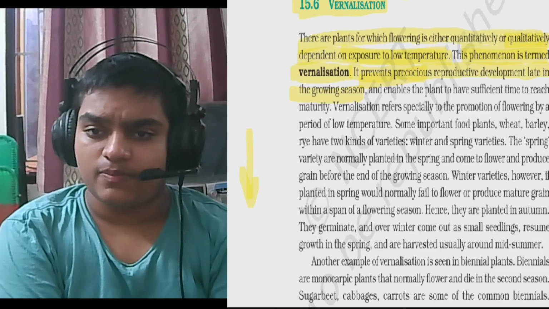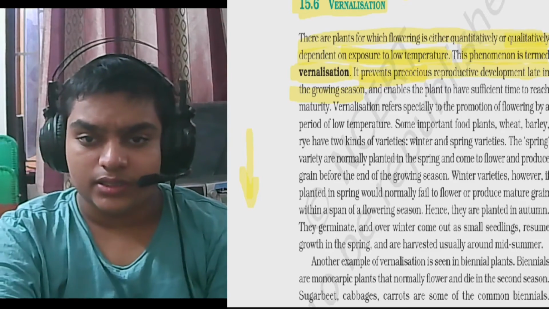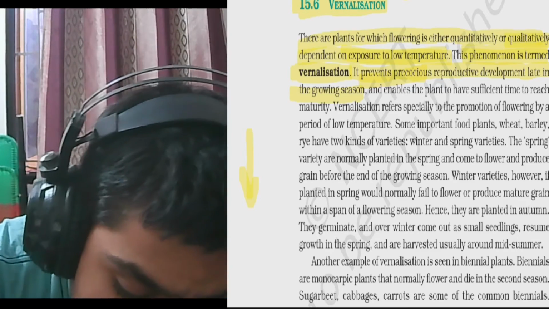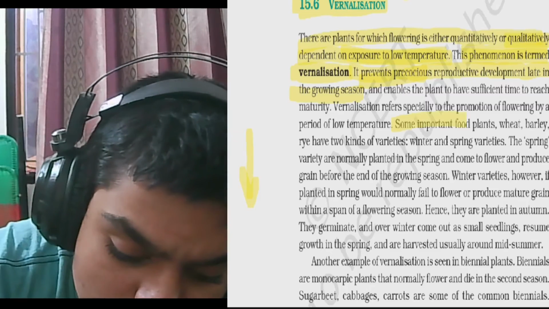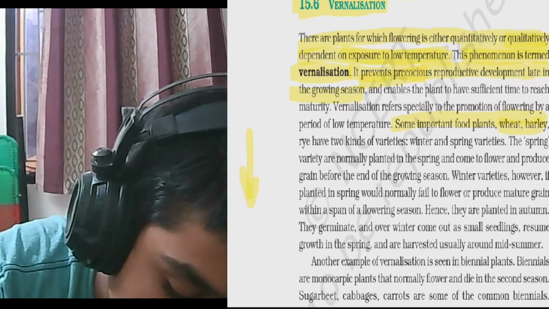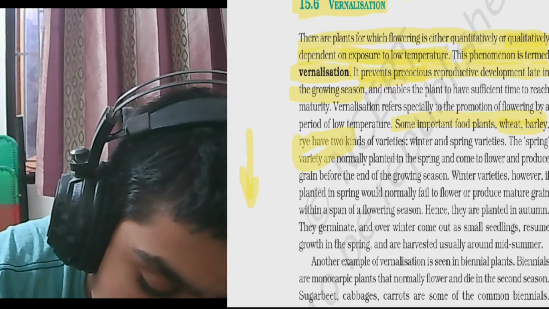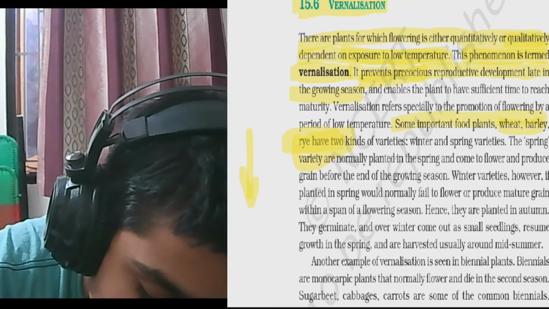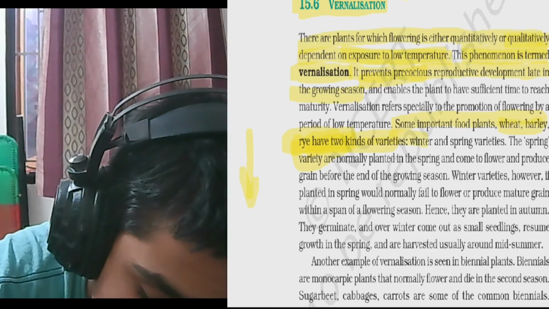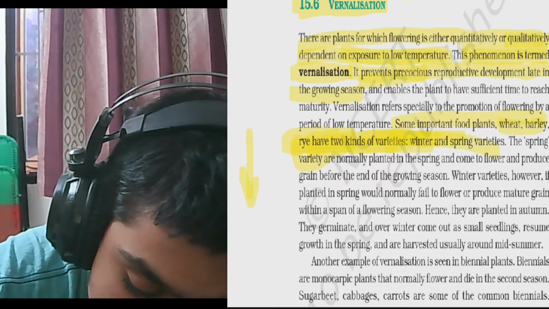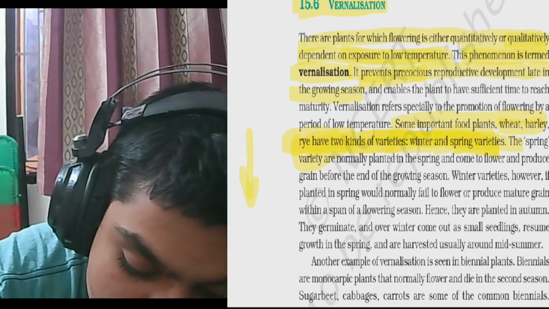Some important food plants like wheat, barley, rye have different kinds of varieties, winter and spring varieties.